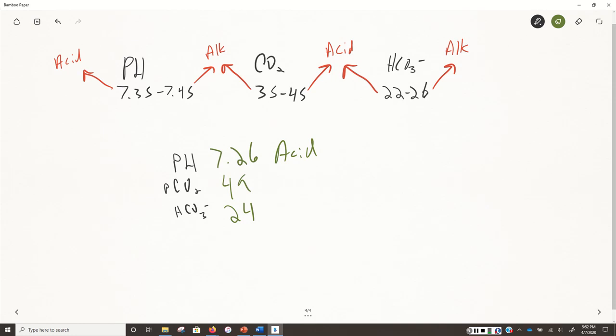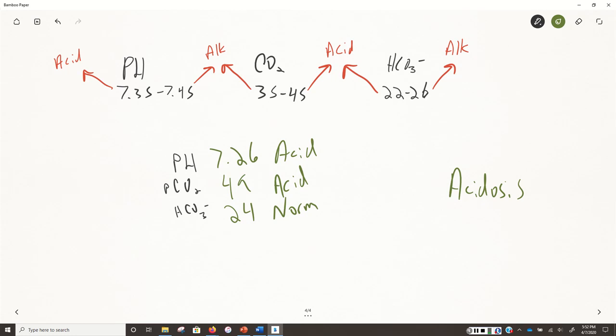That tells us what? This person has acidosis. Look at the next two. PCO2 49 is acidic. And bicarb, what does that tell us? Bicarb 24 is normal. So can you tell me the rest of this condition?